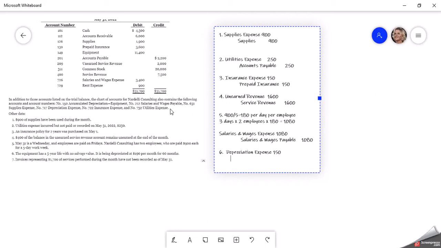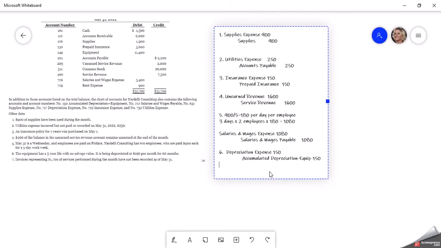And then our credit is that contra account, accumulated depreciation, equipment, for $150. And again, always double check that we're writing here. So we were supposed to add depreciation expense and then accumulated depreciation equipment. So we're good there. Okay, then our last one is number 7.